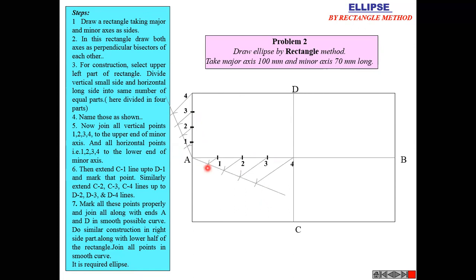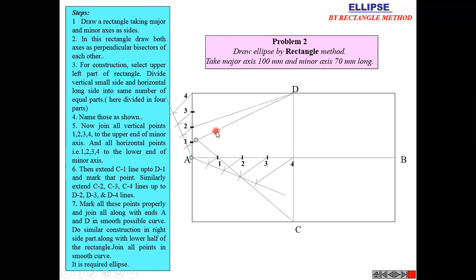Now start joining 1, 2, 3, 4 to D, and from C draw a line through 1, extending it so as to cross the line from point 1. Let's see how it goes. We have constructed a line from 1 to D, and a line from C passing through point 1 to cross the line originating from point 1.